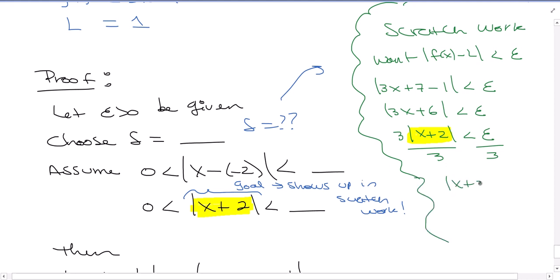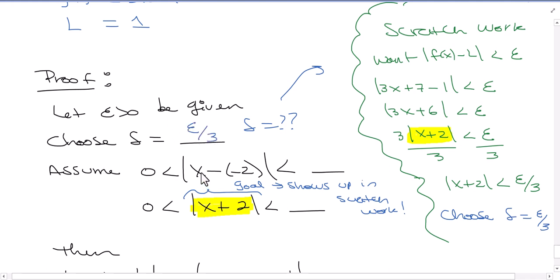So the absolute value of x plus 2 is less than epsilon over 3. So what's your delta? We're going to choose delta to be epsilon over 3.